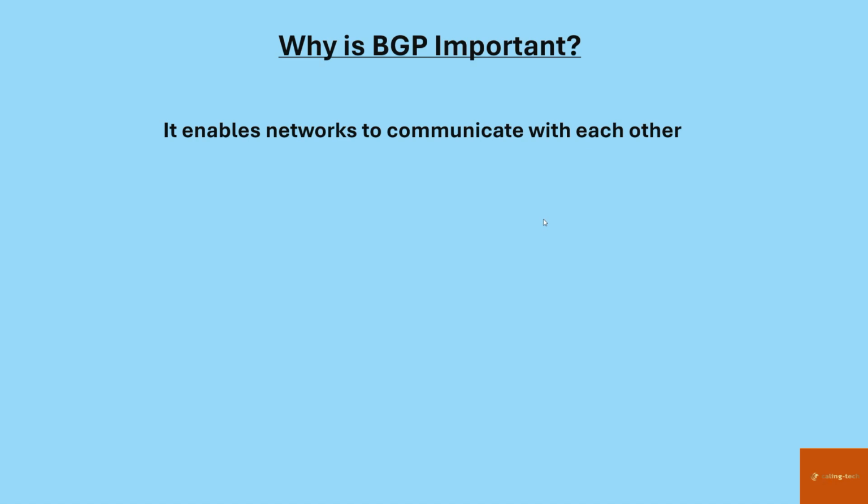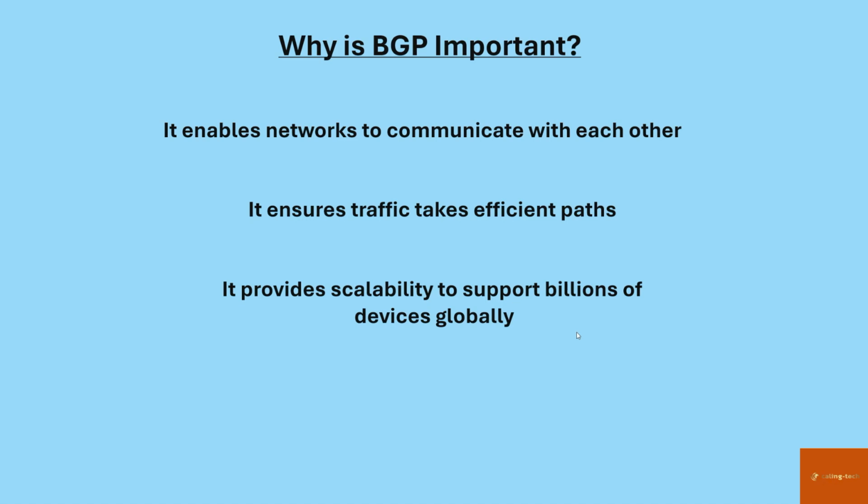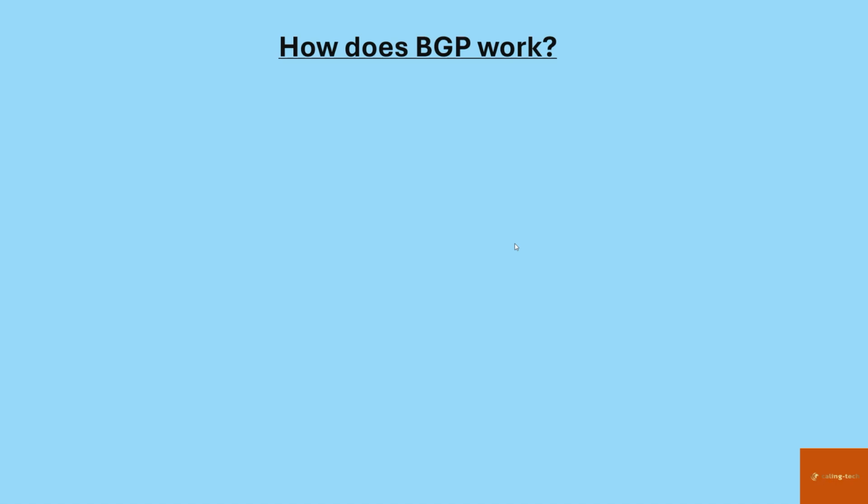So why is BGP so important? It enables those networks to communicate with each other. It ensures traffic takes efficient paths, which we've already stated using the car analogy. And it provides scalability to support billions of devices globally. So how does BGP itself work? Let's use a very simple overview.